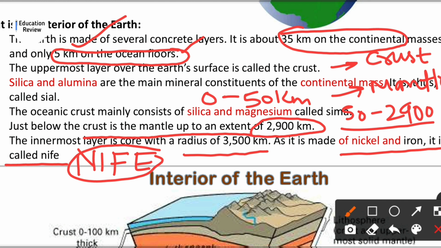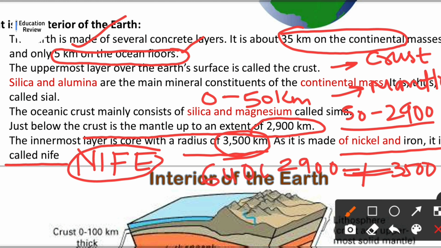I mean after 2900 it again goes up to 3500. The total radius of the earth will become approximately 6400 kilometers. Approximately, the radius of the earth is 6400 kilometers.